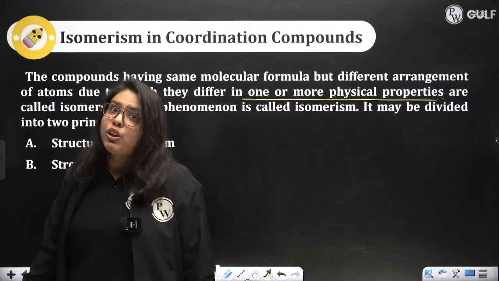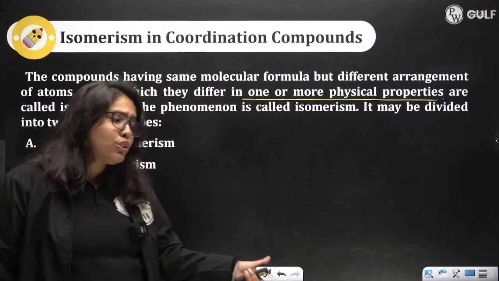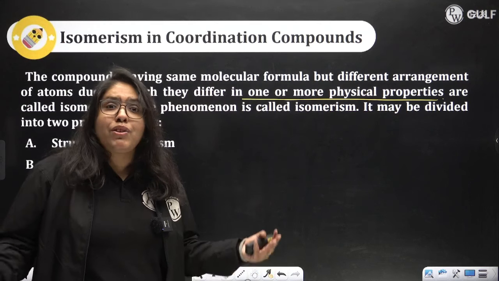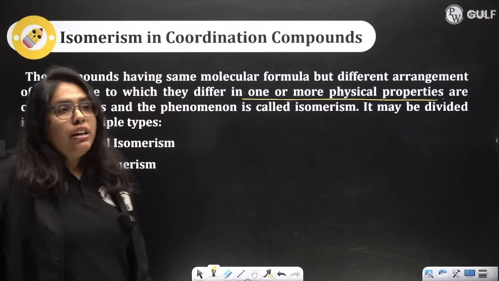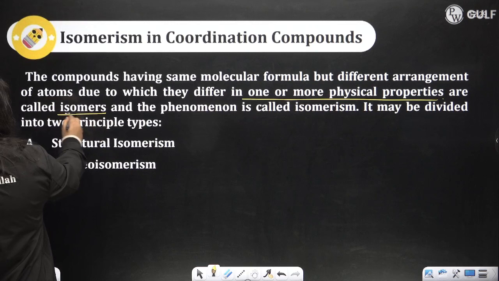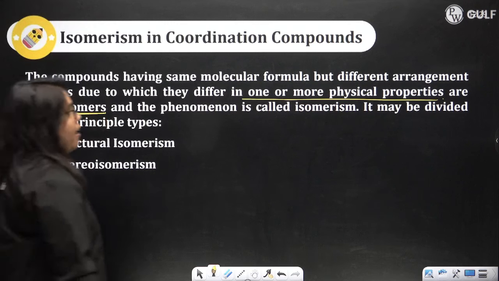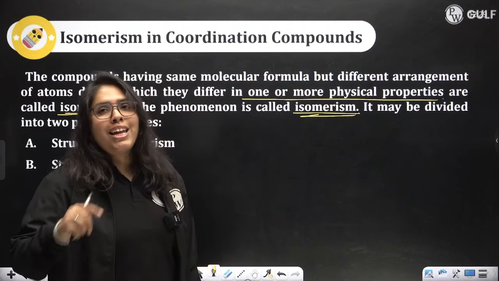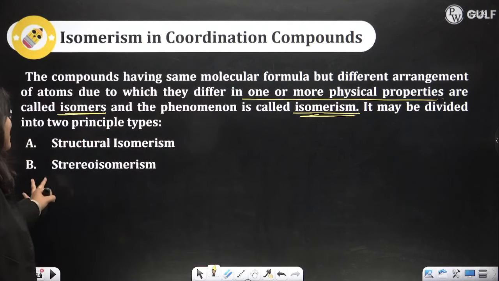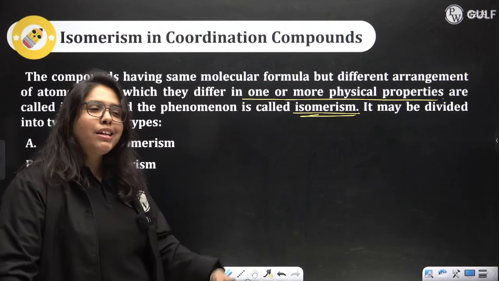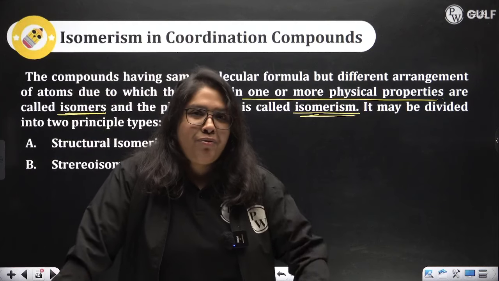I told you structure determines function. If structure changes, function changes. So they are called isomers, and the phenomenon is known as isomerism, and it is of two types. One is structural isomerism and the second is stereoisomerism. The meaning is there in the term itself.